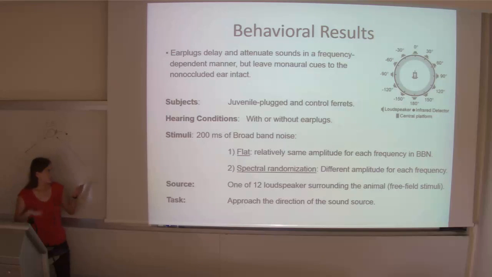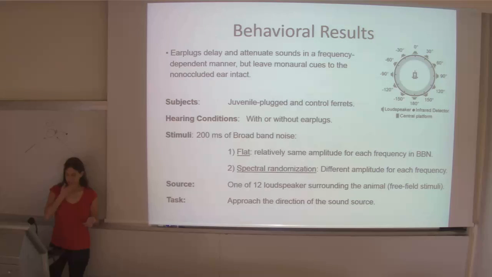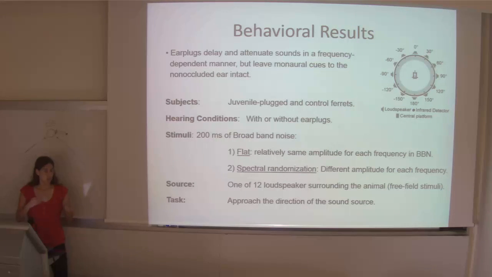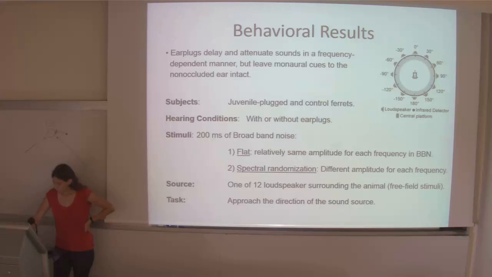It was in one of two conditions: either flat stimuli, which means that for all the frequencies in the stimuli they had pretty much the same attenuation, or spectral randomization, which means that for each frequency they had different attenuation. And the task was to localize the sound, to say which one of the 12 speakers surrounding them gave the sound. You just need to approach the direction, and they got a prize.